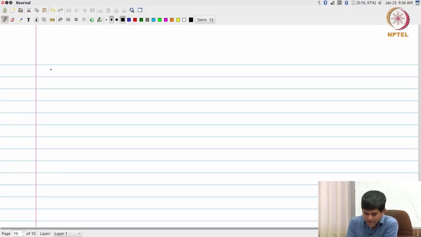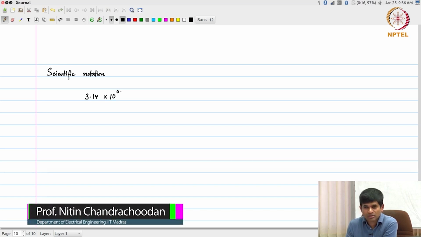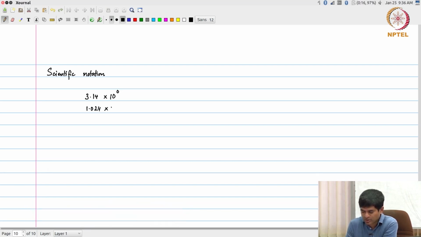So scientific notation essentially says I can write something as 3.14 into 10 power 0, or I can write 1.024 into 10 power 3, or I can write 2.5 into 10 power minus 15.